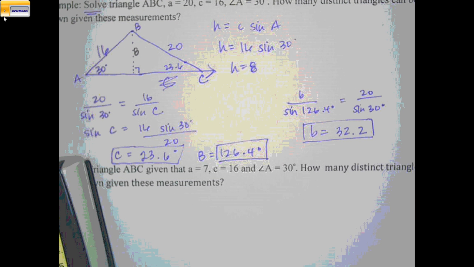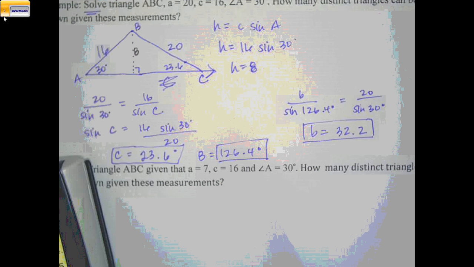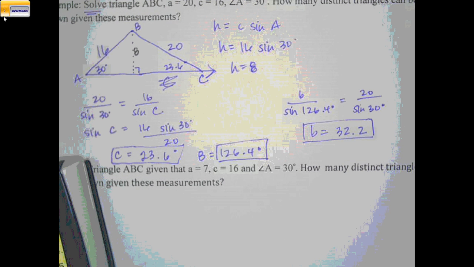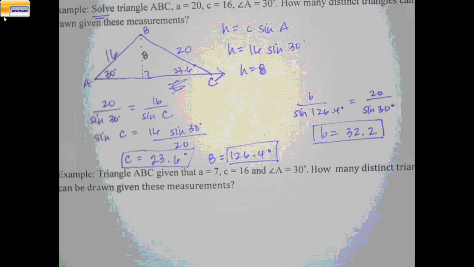And reasonably, when I look at the triangle, that makes sense. I knew it would be longer than 16 and 20, so that makes sense. Questions on how you're going to solve when there's one unique triangle? Everybody okay?